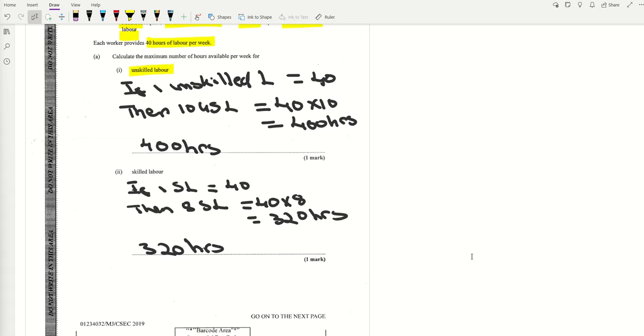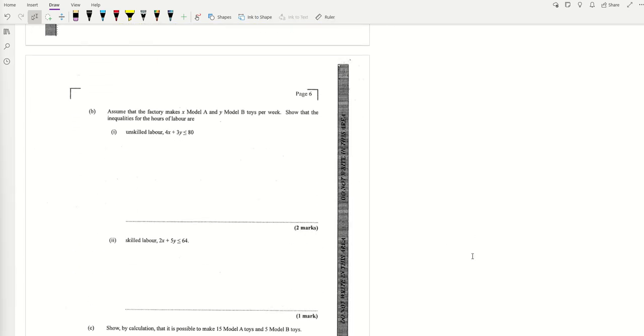So let's go down to the second part of the question, or part B. Assuming the factory makes X models for A and Y models for B per week, show that the inequality for unskilled is 4x plus 3y is less than or equal to 80, and for skilled is 2x plus 5y is less than or equal to 64. Alright?